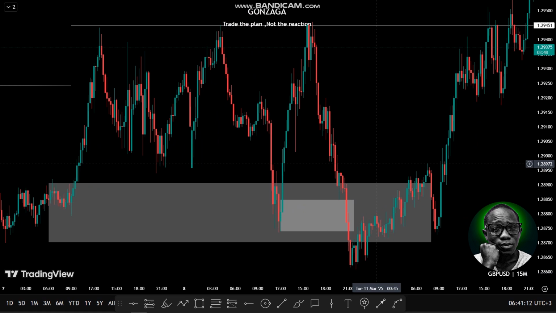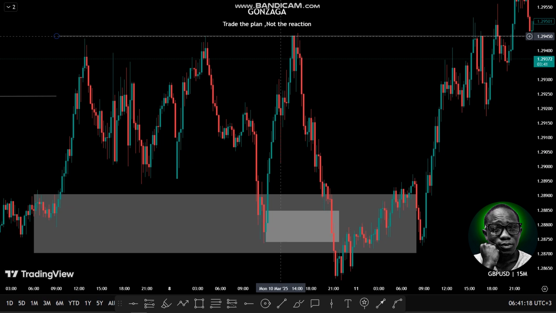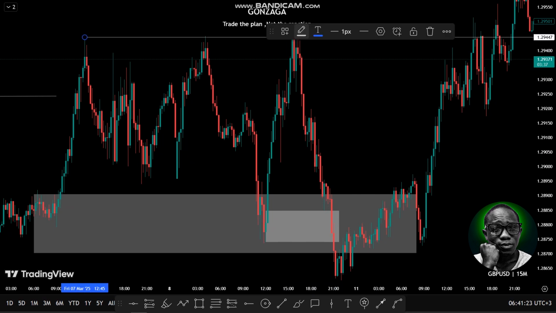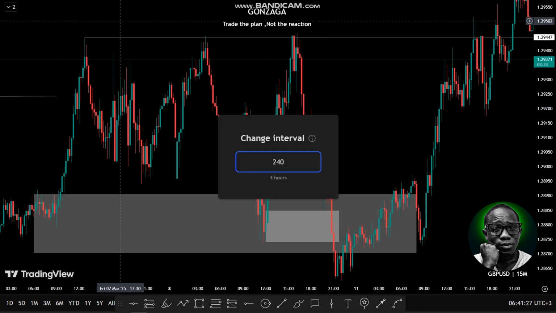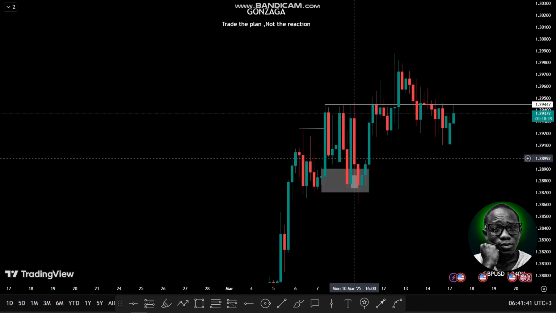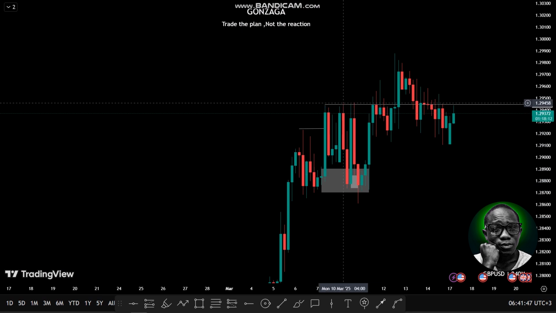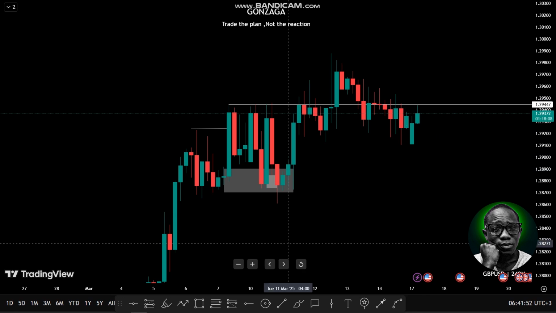It never broke the 4-hour last high with a candle in the 4 hour. This is the move here. It came back and never broke the high, so I was good to go to re-enter in case it came back into that zone.